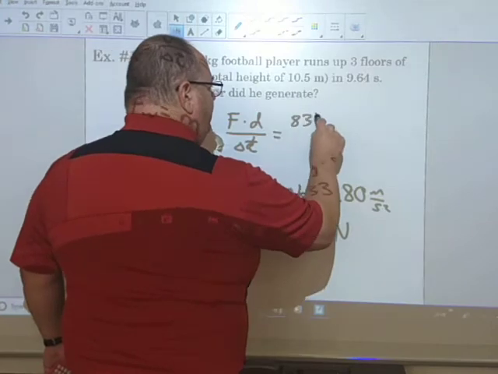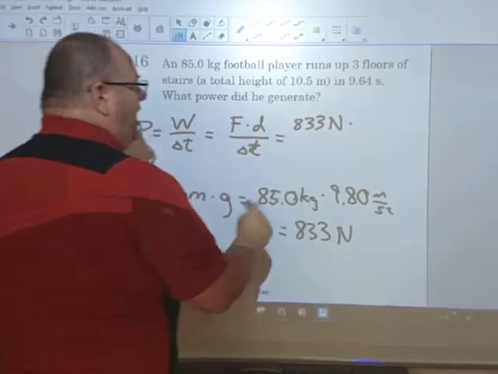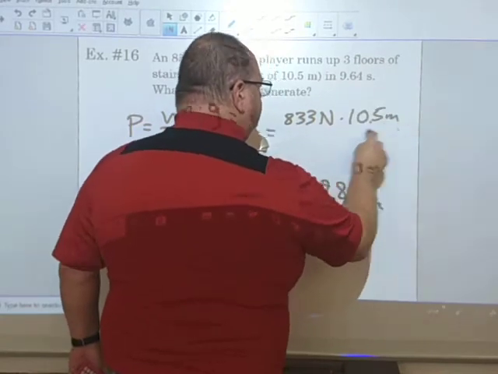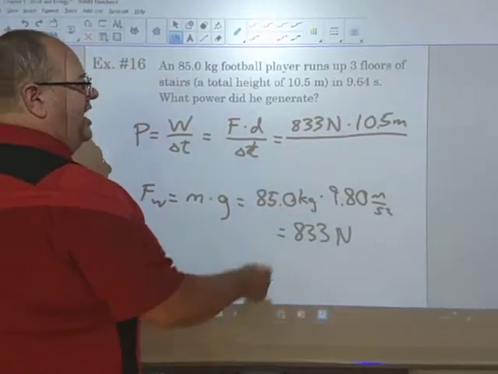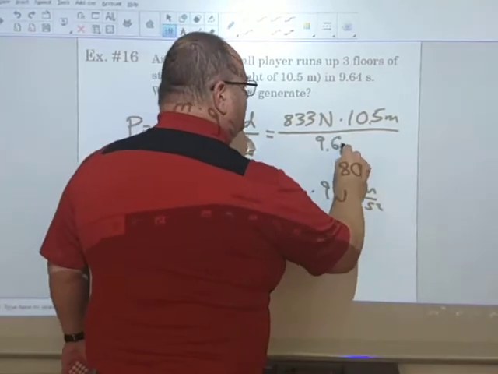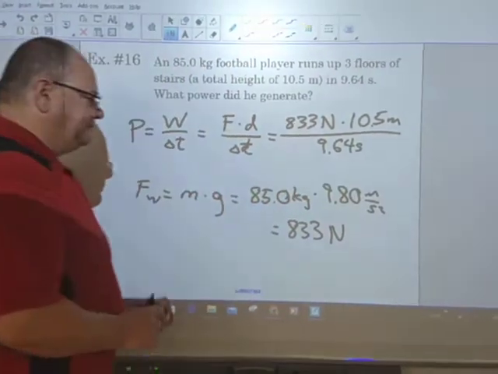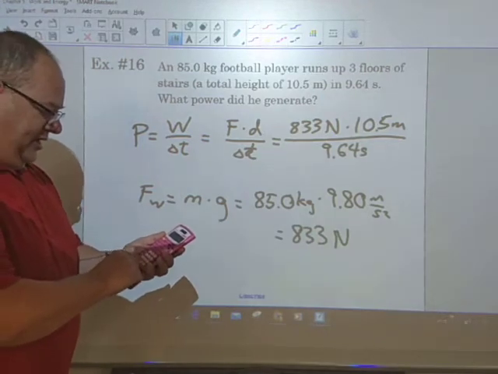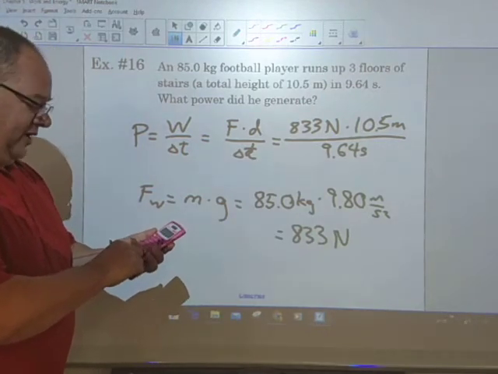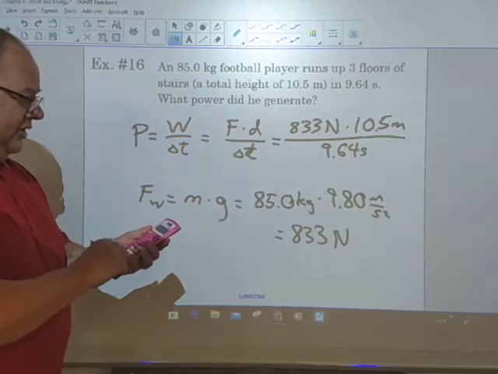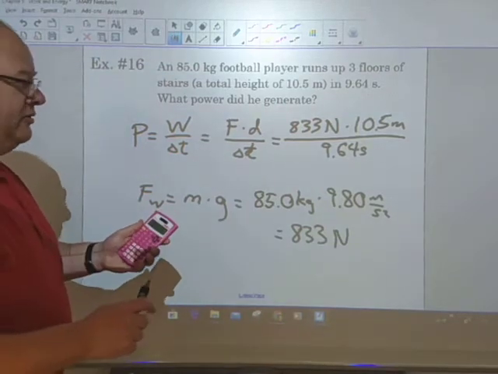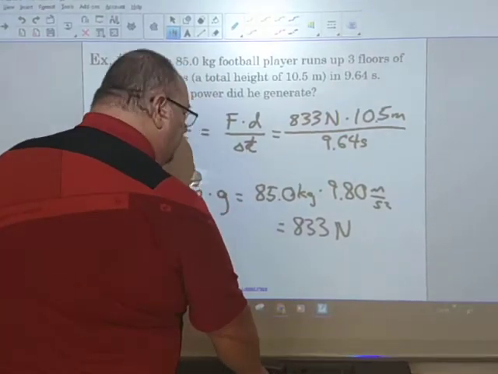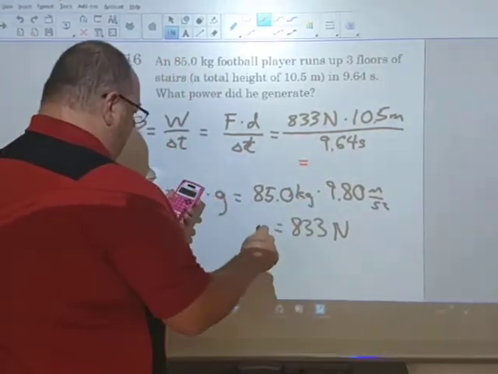So 833 newtons times our distance of 10.5 meters divided by the time of 9.64 seconds. 833 times 10.5 divided by 9.64 equals 907.